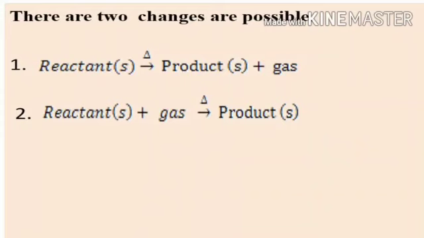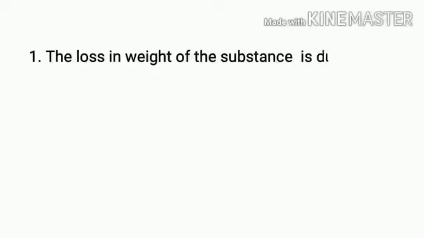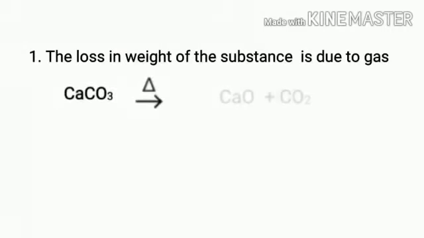The essential water is water of crystallization, or it is water of constituents. There are three cases. The first one is the loss in weight of the substance due to gas. Example, when calcium carbonate is heated, it produces calcium oxide and carbon dioxide.